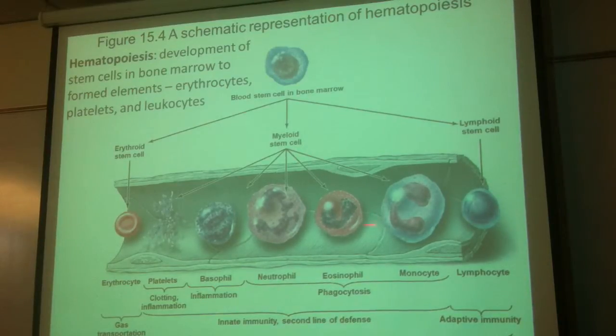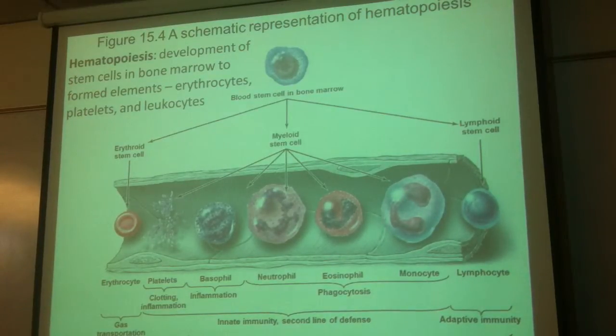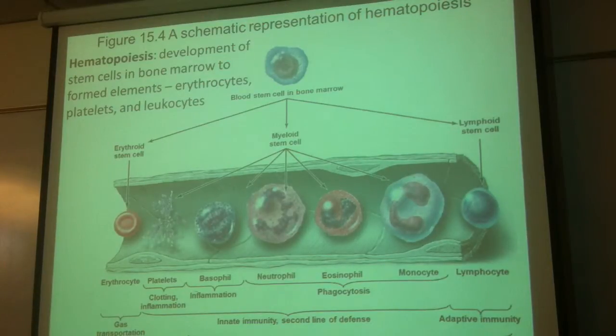You can see the difference in the granules because of the way they're textured. Or you can decide to lose your nucleus and become a red blood cell and transport gas. Is it making more sense?